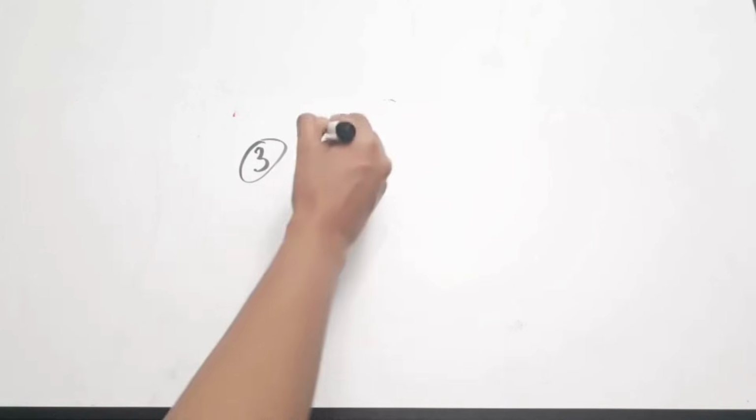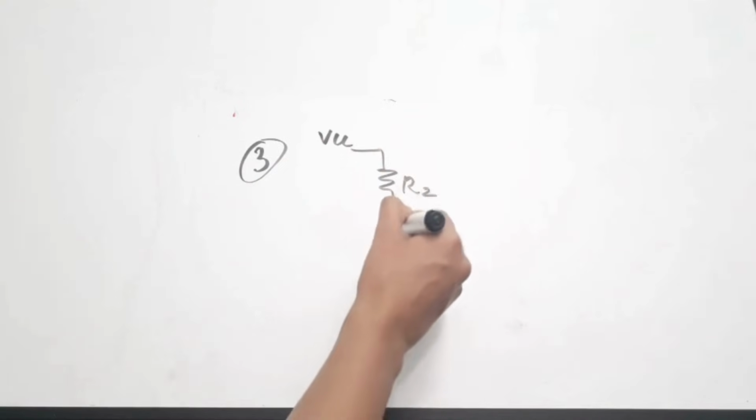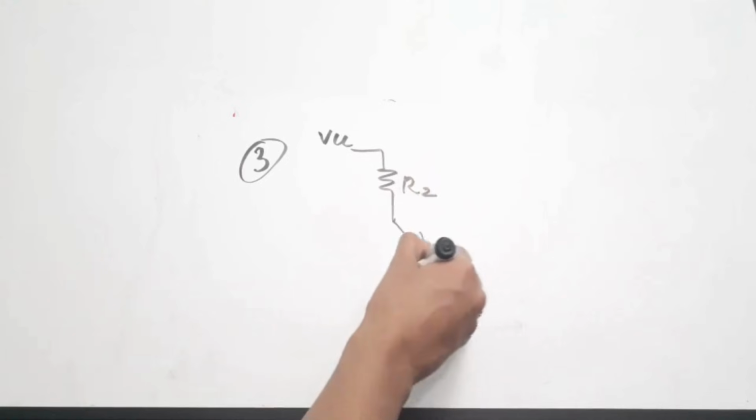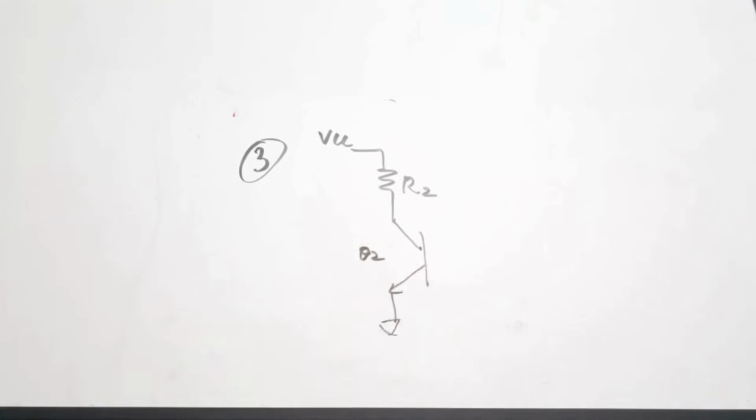R2 is a resistor connected to the Q2 transistor. I'll draw the circuit for you. There is a VCC, there is a resistance R2, there is this transistor Q2, it's grounded.